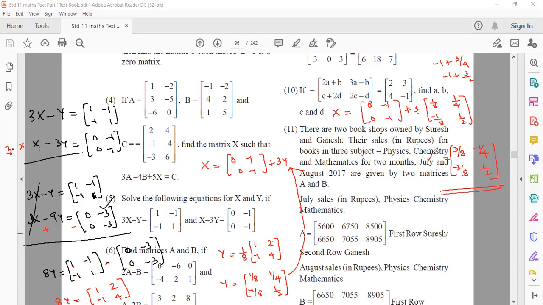That is the answer for x. So the same way as simultaneous equations, only thing is you have to multiply. When you multiply a matrix with a number, every element should be multiplied with that number. That's it.